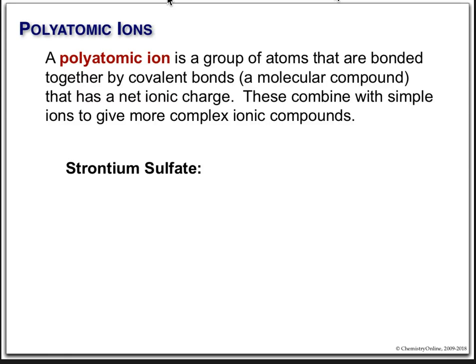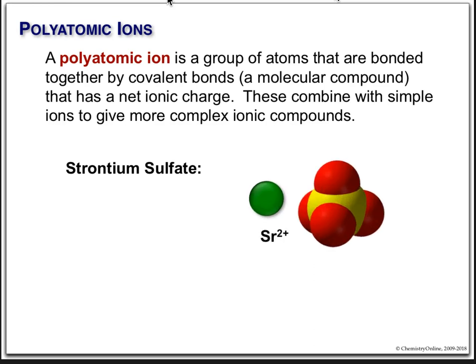Polyatomic ion, for example, strontium sulfate, is going to consist of 1 strontium with a +2, and one thing, the polyatomic ion part, that we call sulfate, is a sulfur with 4 oxygens bonded to it, and these are all covalent bonds.